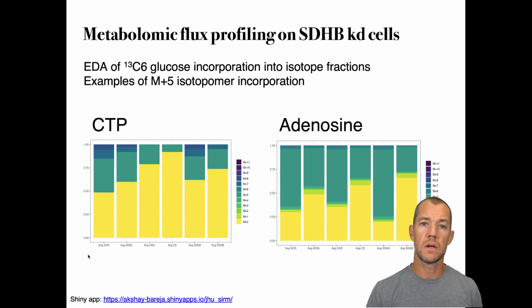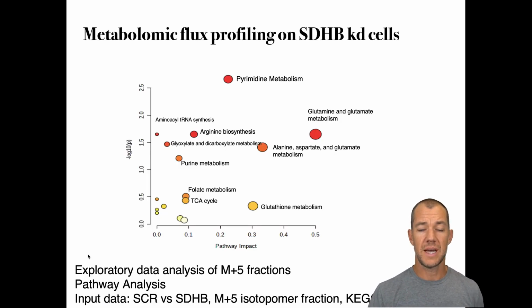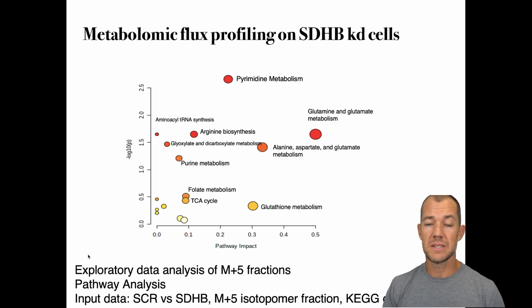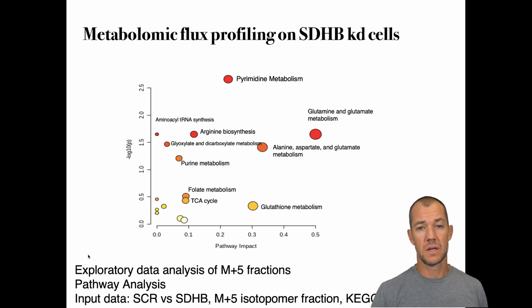Now, if you recall, CTP was one of the metabolites that we measured in our bulk metabolite analysis that was lower in the absence of SDHB, and when we look at our steady state carbon flux into this metabolite, we could see it's also lower. We also see that flux into adenosine is lower in the absence of SDHB. So altogether, when we take all of these metabolomics data and we put them into a metabolite set enrichment analysis, we can see that the metabolites that are most significantly different in the pathways that those metabolites represent are pyrimidine metabolism.